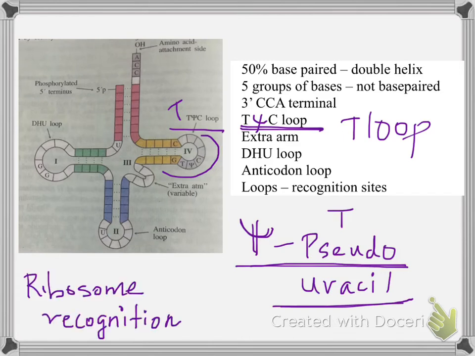And the function of this loop is ribosome recognition. So this is known as the ribosome recognition site.